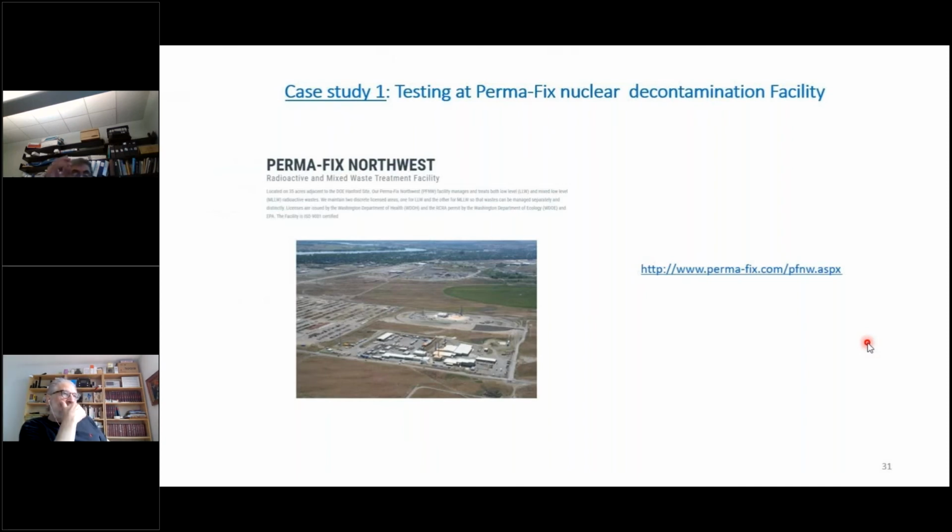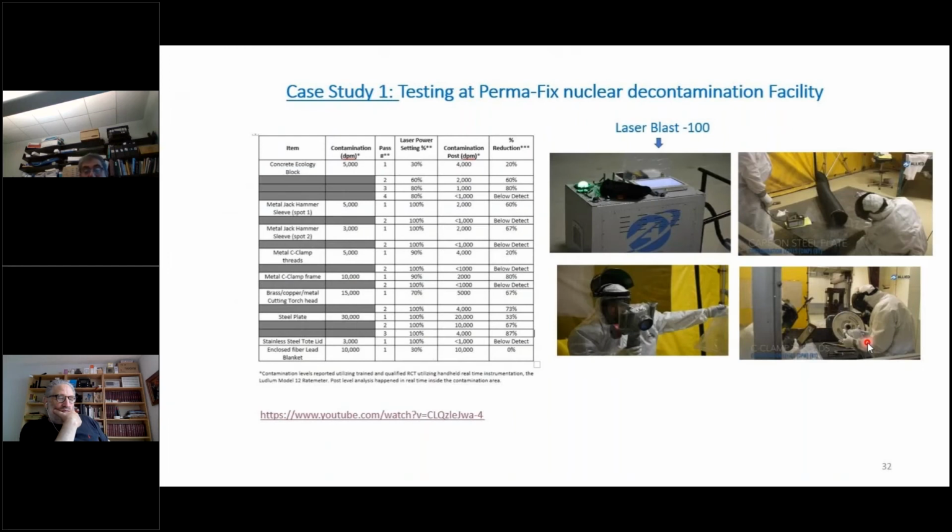So the first one was testing at the Perma-Fix nuclear decontamination facility in Richland, Washington. So this facility takes care of low level and intermediate level radioactive contamination and cleans them. Quite famous in the US.